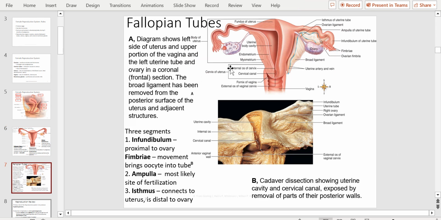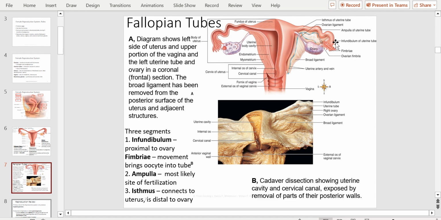So have a look here at the fallopian tubes. There are 3 segments. There's your infundibulum, proximal to the ovary, this whole area right in here. You can pause and blow these videos up.